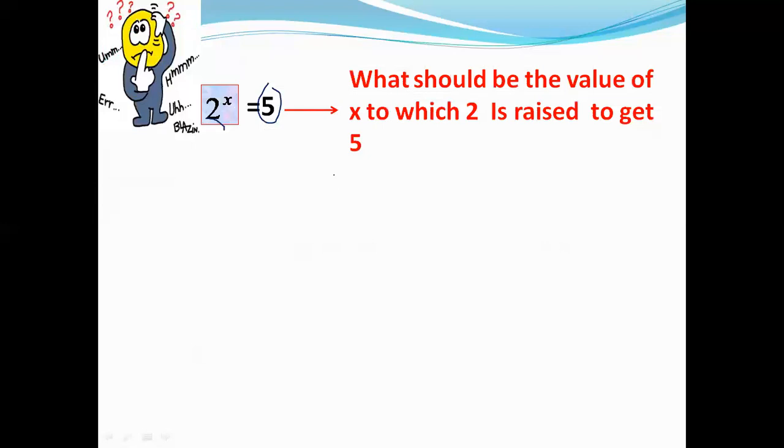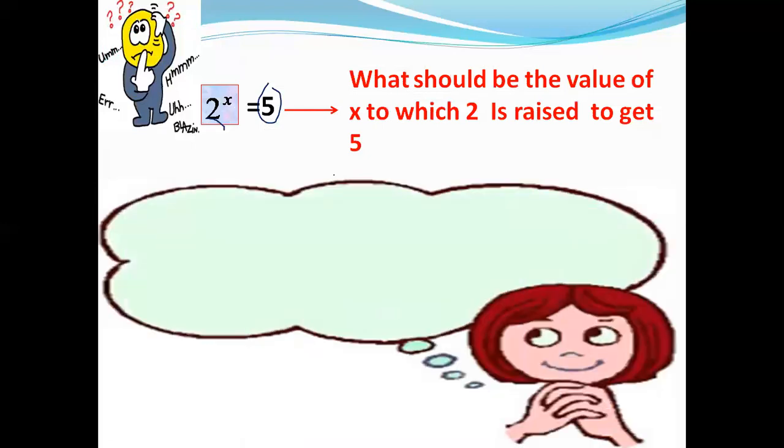If you observe, here if we multiply 2 by itself 2 times, that means 2 square, then I get 4. 2 square is equal to 4.